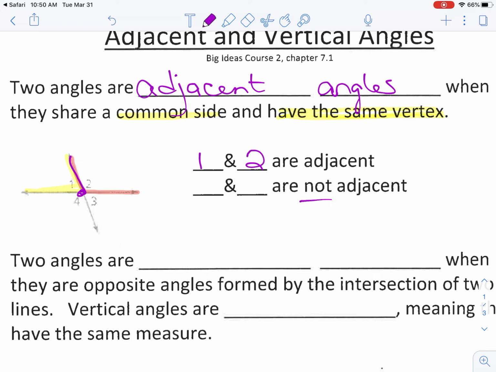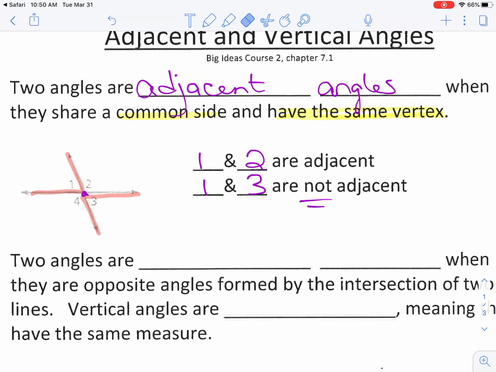And then two angles that are not adjacent, we could say angle 1 and 3. If you're looking at angle 1, that's up here. Angle 3 is down here. They share a vertex, yes, but they don't share a common side.